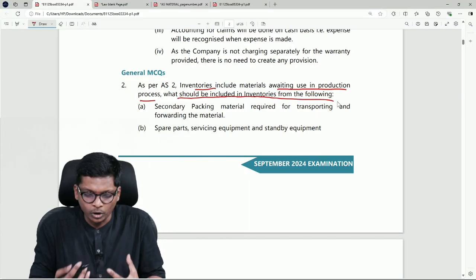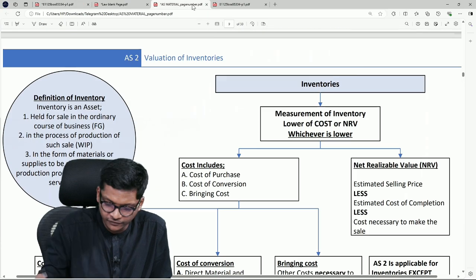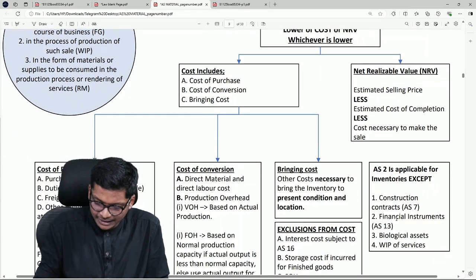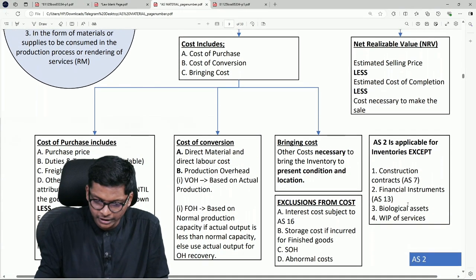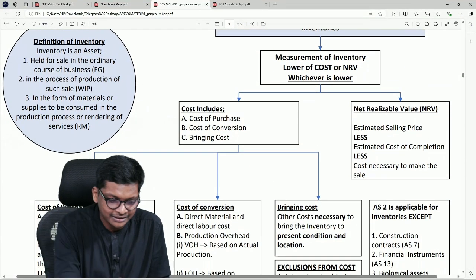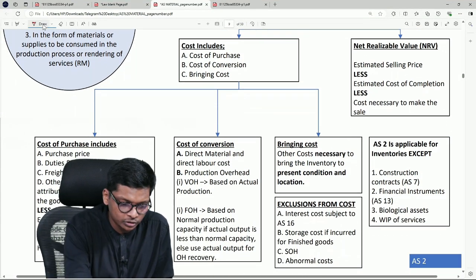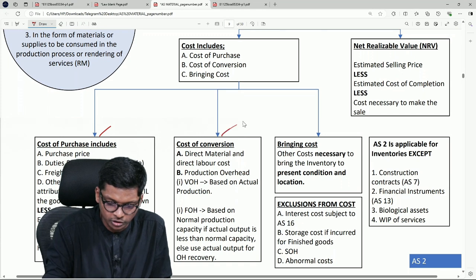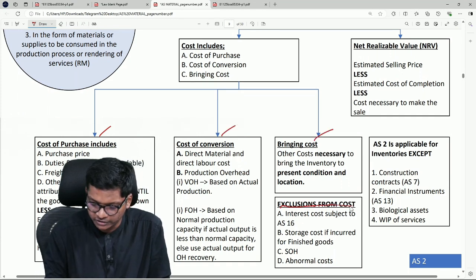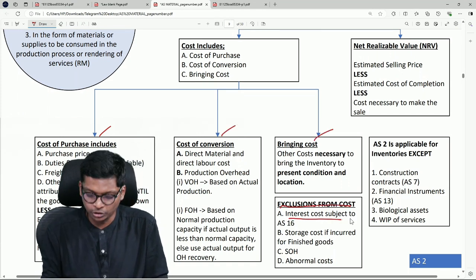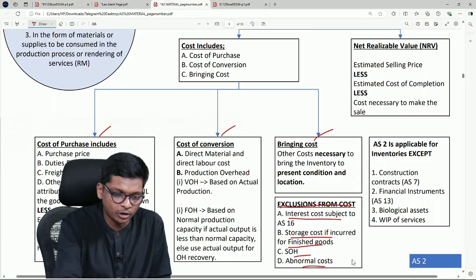In our notes, inventory includes cost of purchase, cost of conversion, bringing cost, and exclusions from cost: interest subject to AS16, storage cost if incurred for finished goods, SOH and abnormal cost.